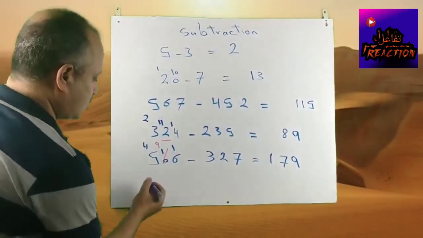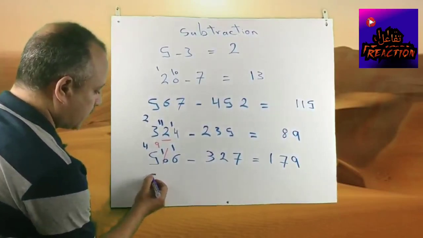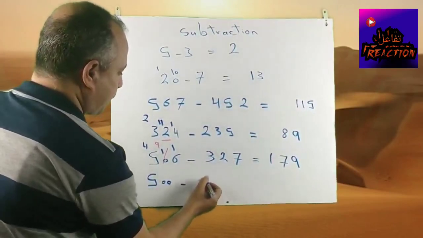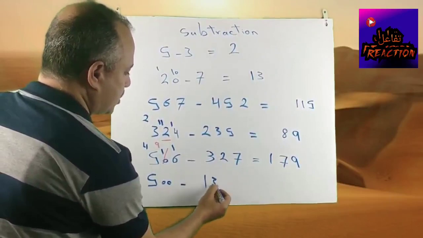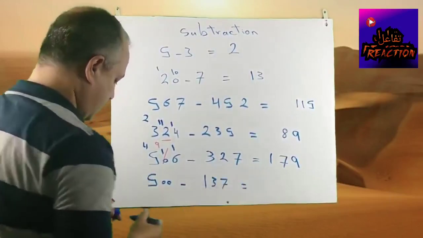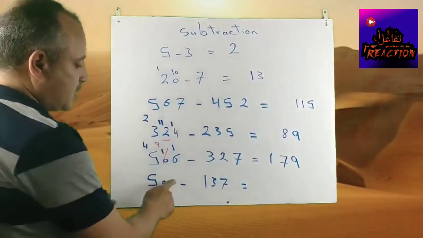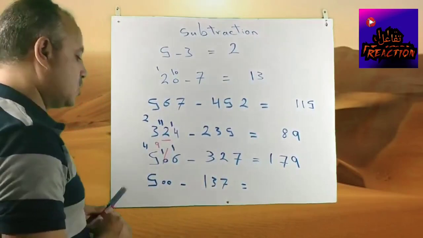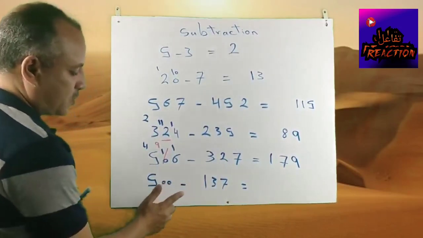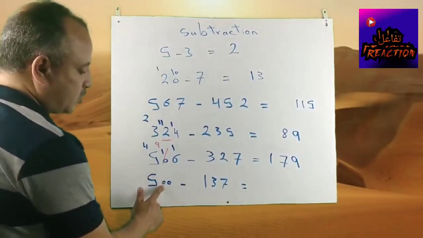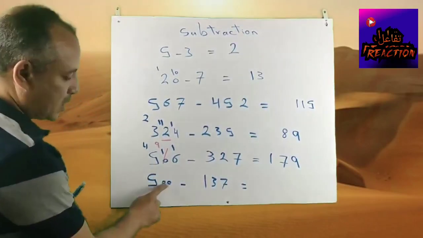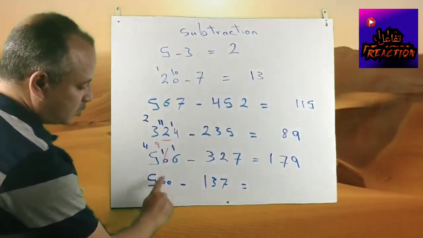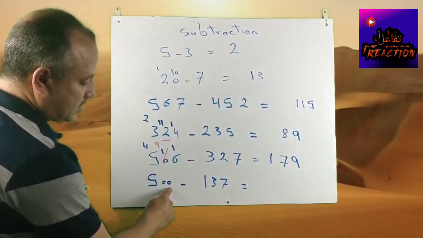Another example to show you. 500 minus 137 equals. 0 minus 7. 0 is less than 7, so we cannot subtract. So what to do? This 0 will borrow from whom? From 0. 0 cannot lend either.